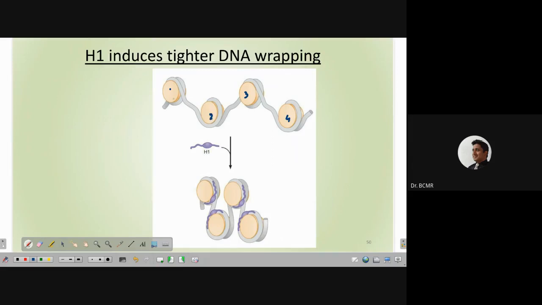They are connected, but much more dispersed. If H1 histone is bound, then it becomes much more compact. You can see the length of the DNA here, and upon binding of H1, it occupies almost only 50% lengthwise, right? That is the effect of H1. It compacts DNA further.